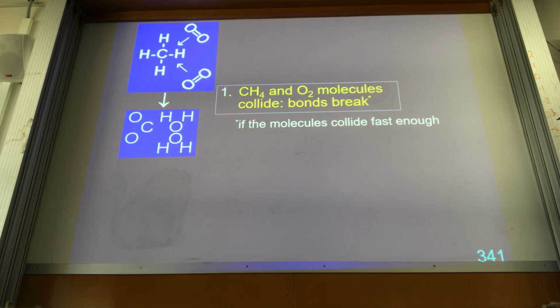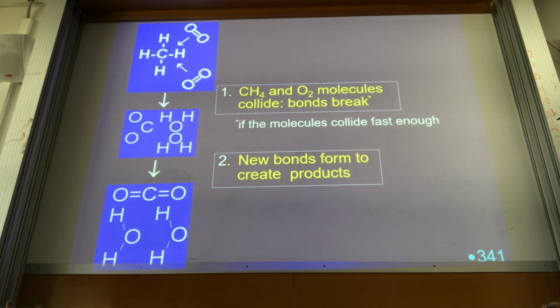Now, in order for this to happen, the molecules have got to collide fast enough. Often orientation's important. They need to be pointing in the right direction when they collide. But if they do that successfully, the bonds will break. And then step number 2 is for the new bonds to form to create the products. So a two-step process. Bonds break, new bonds form.